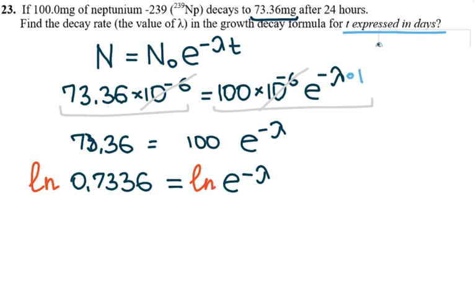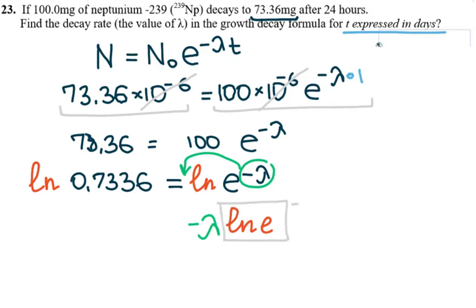And then when you take the natural log of both sides, the power of e jumps in front, so you would have negative lambda times natural log of e. And what's interesting, and that's why we're doing this, natural log of e is equal to 1. So that term can be cancelled. And then on the other side, if I take the natural log of 0.7336, I get negative 0.3098.